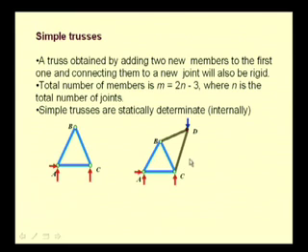So, if we have n number of joints in a truss, then we can determine 2n number of unknowns. So, for the problem to be statically determinate, the number of unknowns, that is m plus 3, should be equal to the number of equations that we can write, that is 2n, and that is what this equation depicts, that m is equal to 2n minus 3.